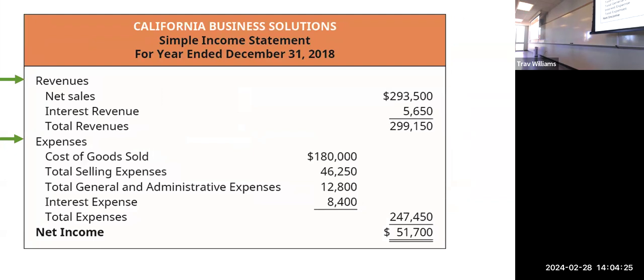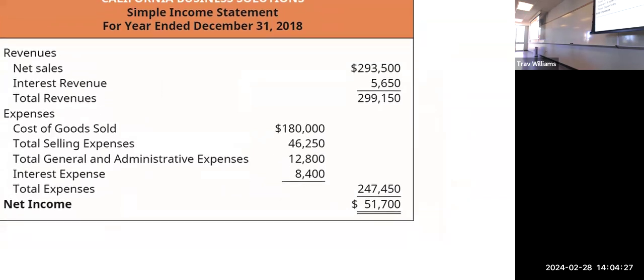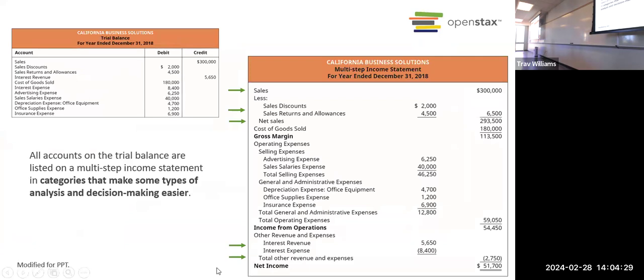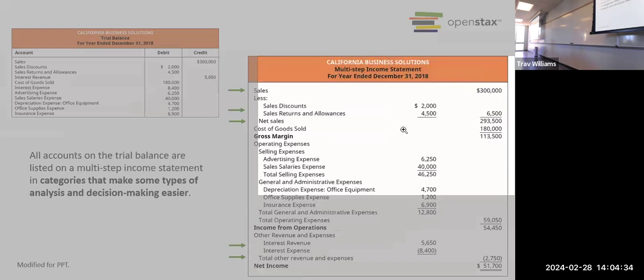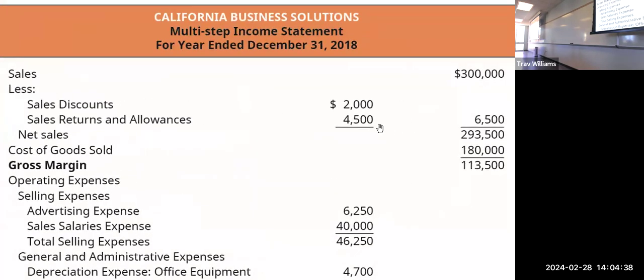So let's look at a multi-step income statement, and let's see how it's different. It's the same basic formula. Revenues minus expenses equals net income.